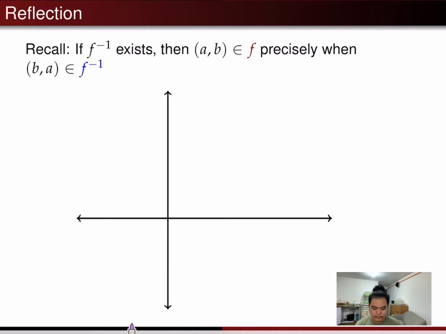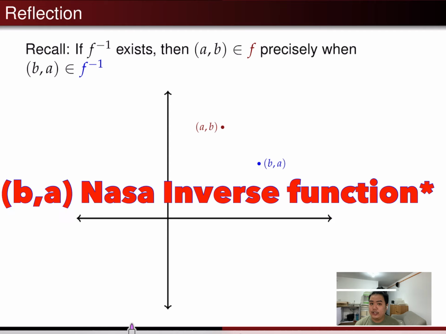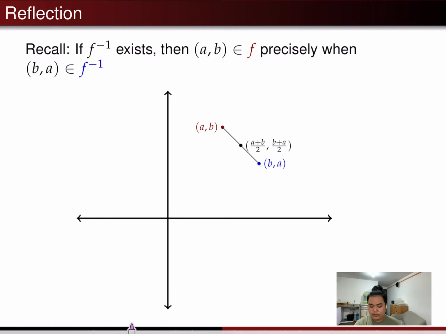Okay? So let us now observe anong itsura ng one-to-one function and its inverse. So sabi natin, if (a, b) is in your function f, then (b, a) ay nandoon din sa inverse. And if we try to connect these 2 points and get the midpoint, we get this thing, itong binibilugan ko.